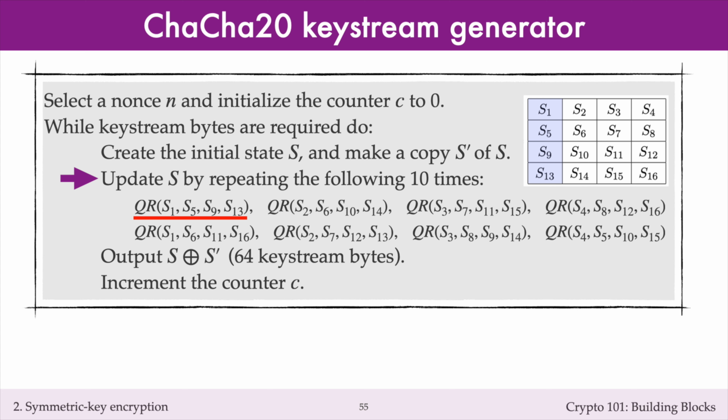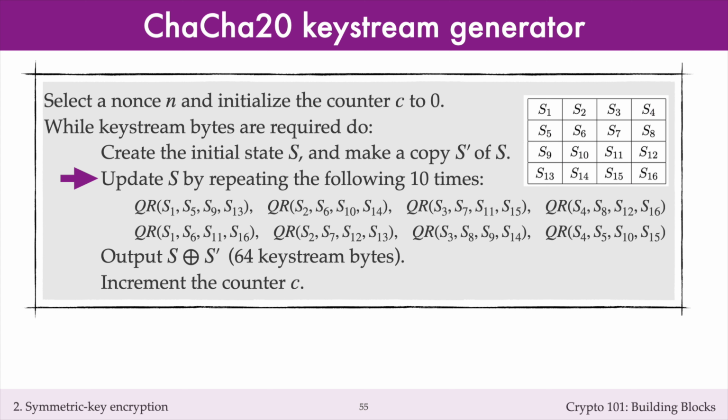These are the 4 words in the first column of S. This invocation of the quarter round function mixes up the bits of the 4 words in the first column of S. The next invocation mixes up the bits in the second column of S. Then the bits in the third column of S are mixed, and then the fourth column of S. The fifth invocation mixes up the bits in the 4 words in the main diagonal of S. Then the bits in the second diagonal of S are mixed, and then the bits of the third diagonal, and finally the fourth diagonal of S.